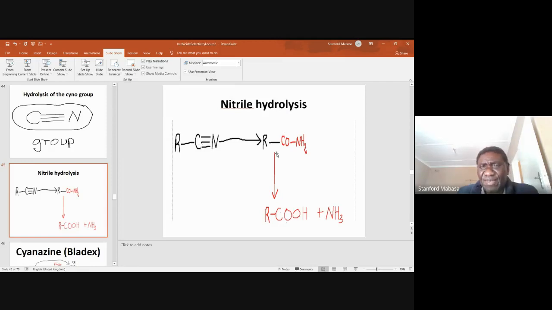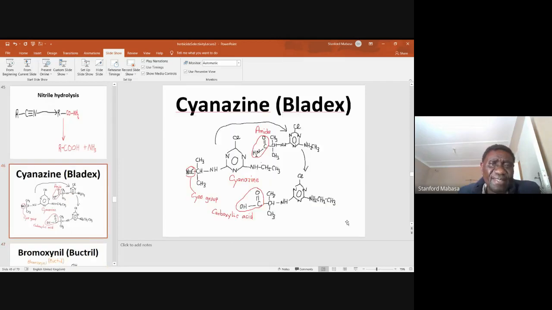First, it forms a carbamate. This is a carbamate. It can further break down into an acid and ammonia. I will then show you the herbicides which can undergo nitrile hydrolysis or just hydrolysis.